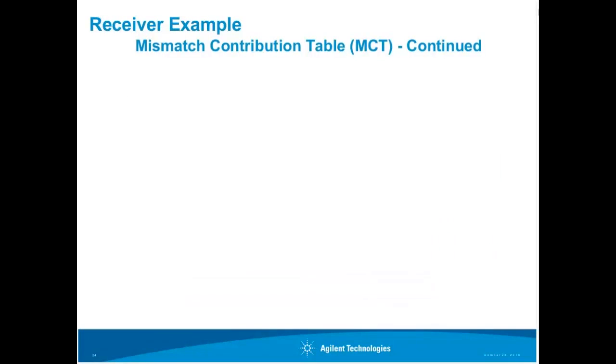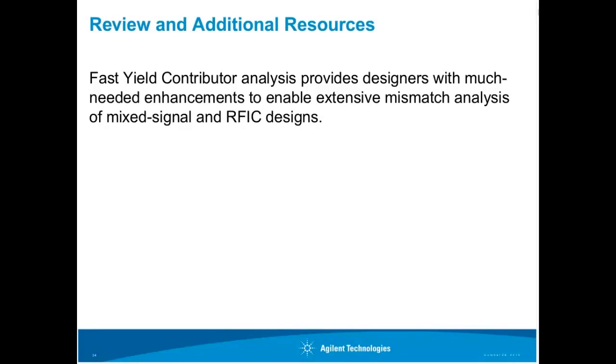So just to wrap up, the fast yield contributor analysis really provides a new tool which enables fast mismatch Monte Carlo simulations of mixed signal and RFIC designs, to enable this type of verification, which was quite challenging to do in the past. This tool implements this new concept of a small variation assumption.